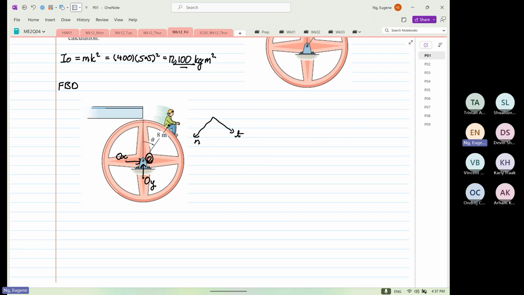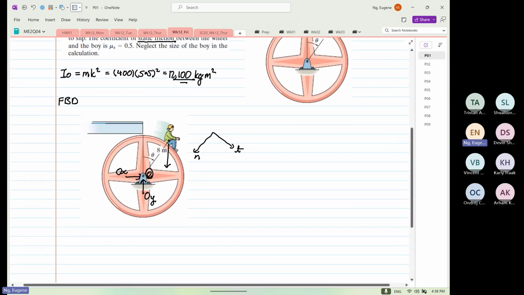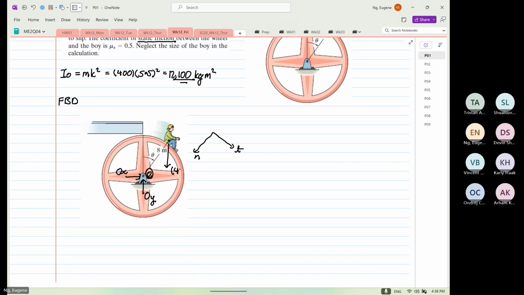And then we know the boy, we have a load over here. This load is equal to the boy's weight, 40 kilograms times 9.81, which is 392.4.